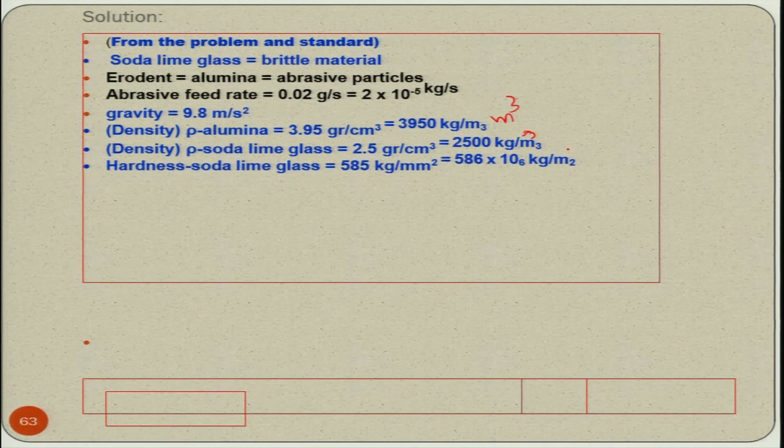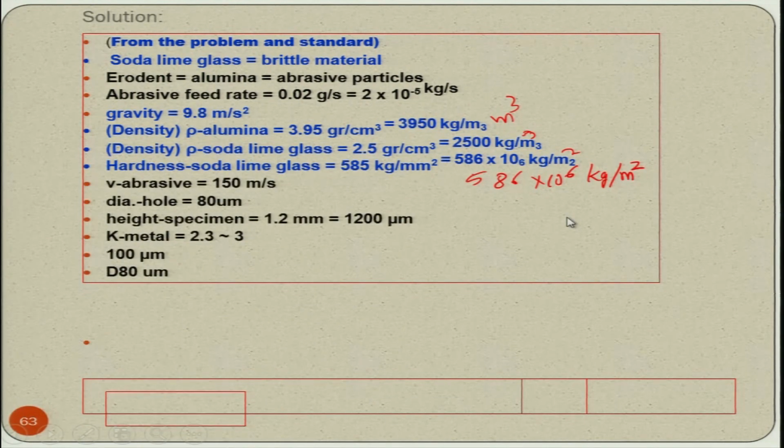And then you have the hardness of soda lime glass, 585 kilogram per millimeter square. So, this comes out to be 586 into 10 raised to power 6 kilogram per meter square. So, you can write it like this, 586 into 10 raised to power 6 kg per meter square.